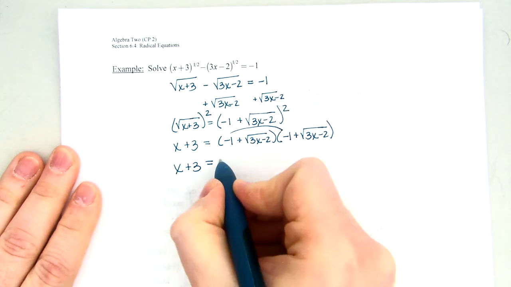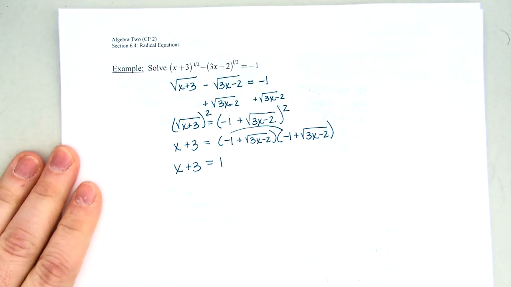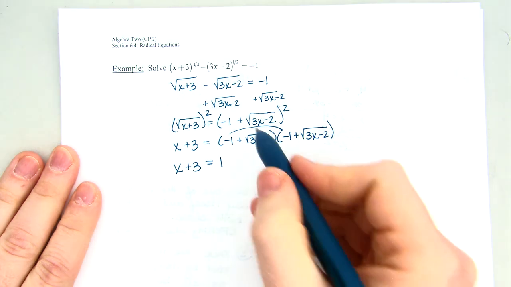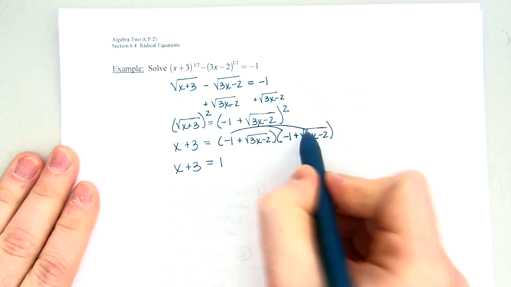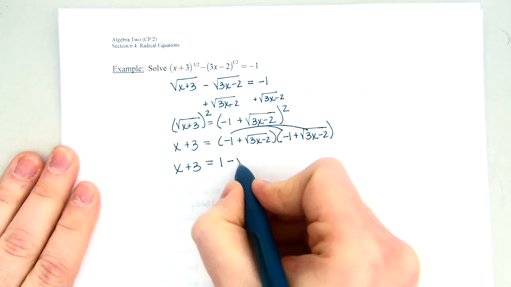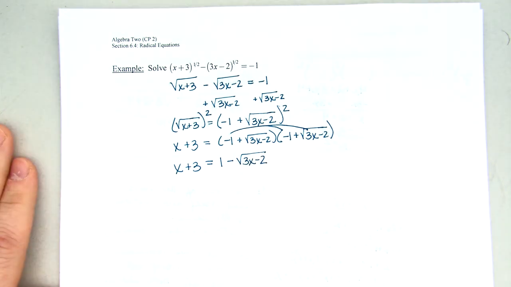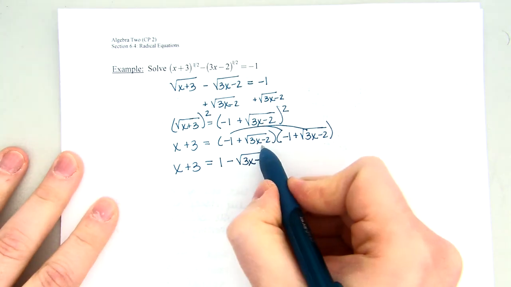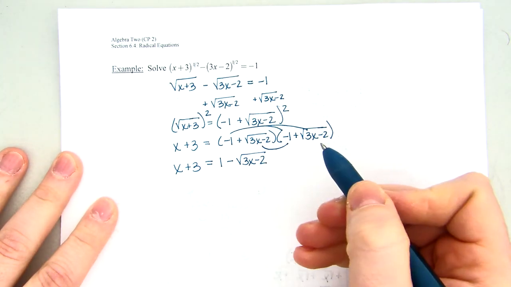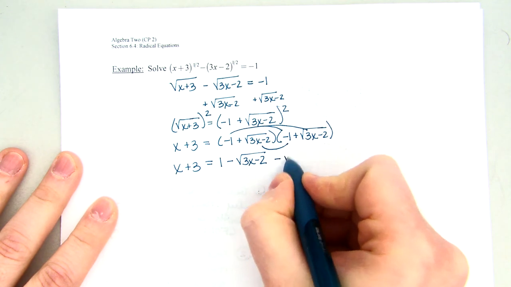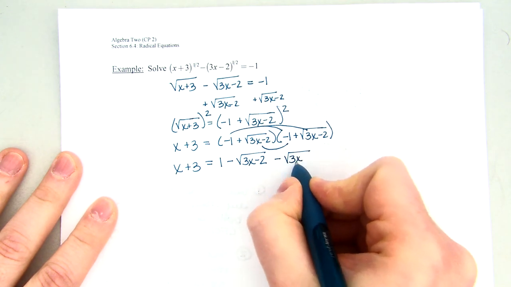-1 times -1 should give you +1. -1 times your square root should give you -1, or just negative, square root 3x minus 2. Square root 3x minus 2 times this -1 will give you negative square root 3x minus 2.